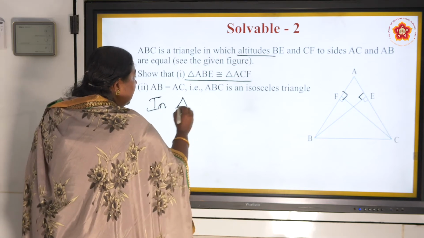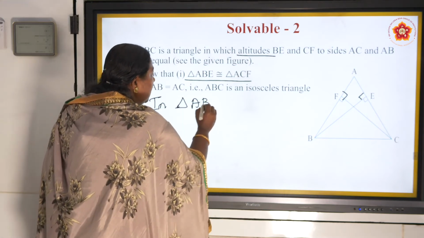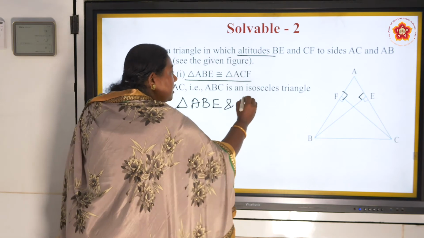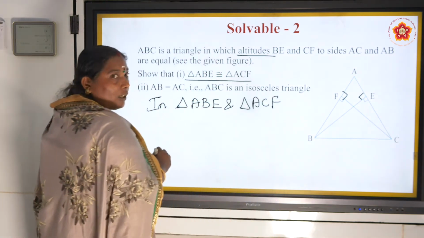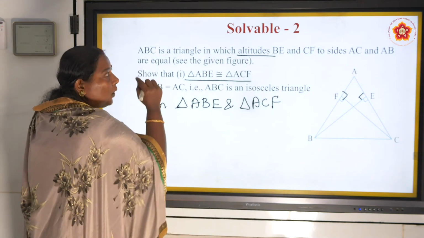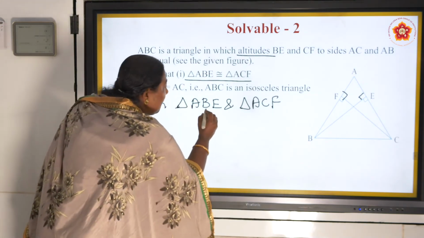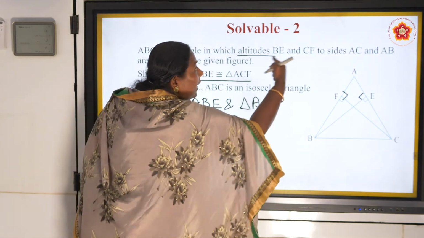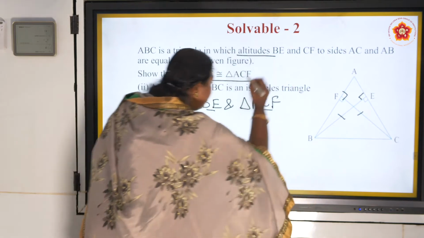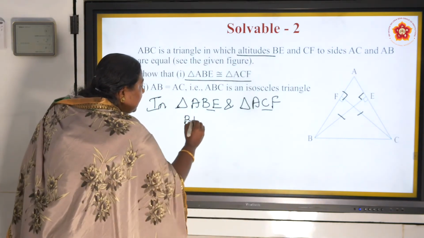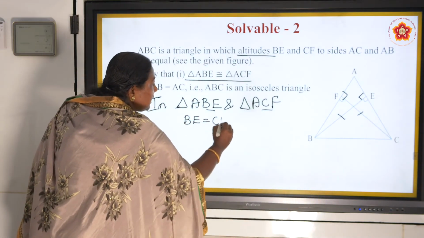In triangle ABE and triangle ACF, think about what things they have given. BE and CF are equal. BE is equal to CF.